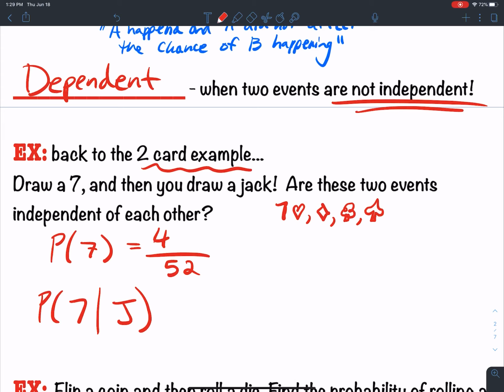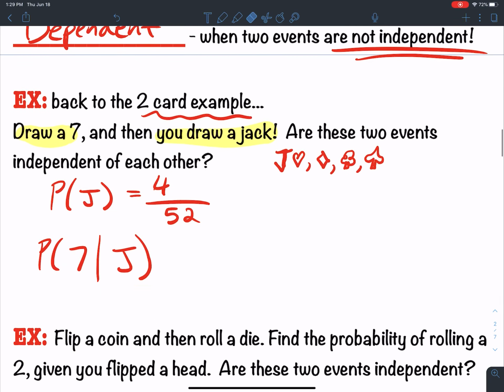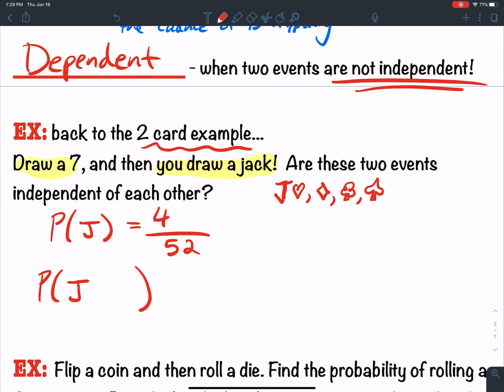I'm sorry, guys. I actually did this in the reverse order. So draw a 7 first, then draw a jack. So let's change this out for just a little bit. This is the probability of drawing a jack. There are still only 4 jacks, so 4 out of 52. But then what I'm asked to do is find the probability of drawing a jack given I just drew a 7.